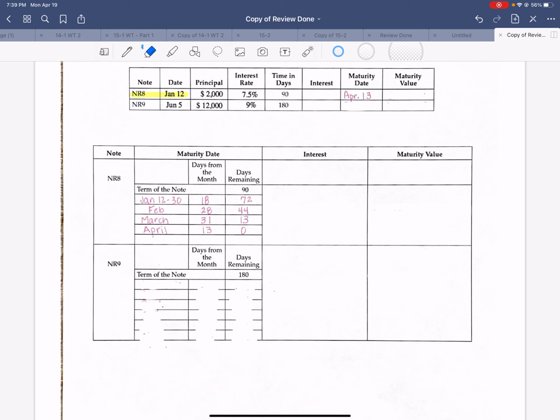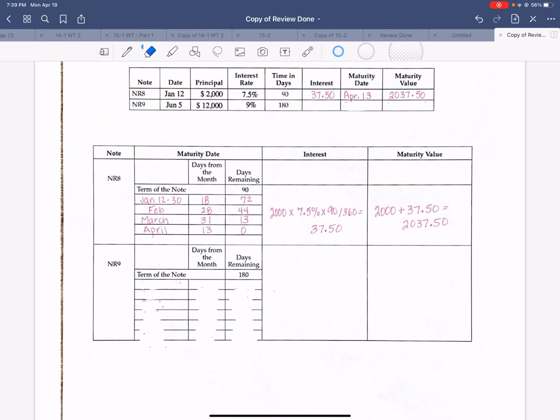The interest, remember, we need to take your principal times your rate times the time, and you come up with $37.50. The maturity value then is your principal plus your interest, and that equals $2,037.50.